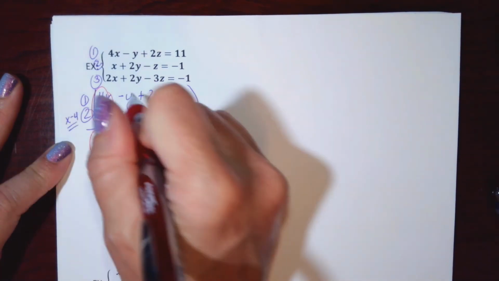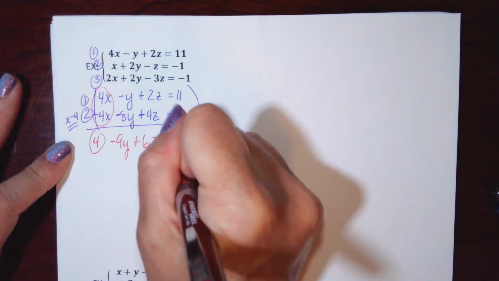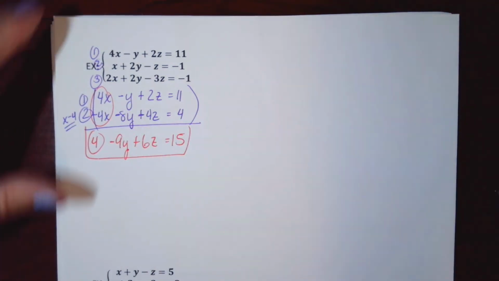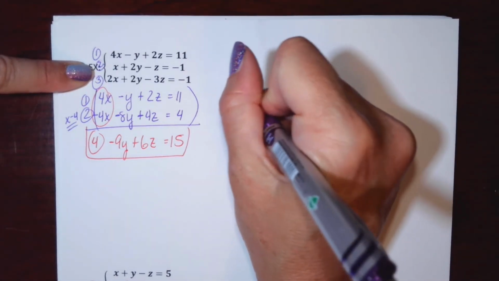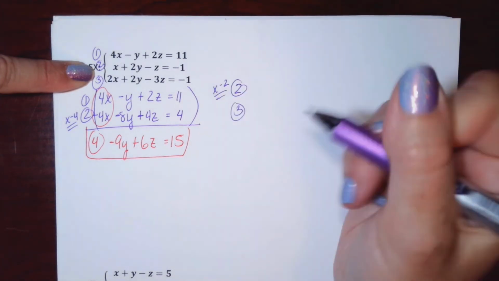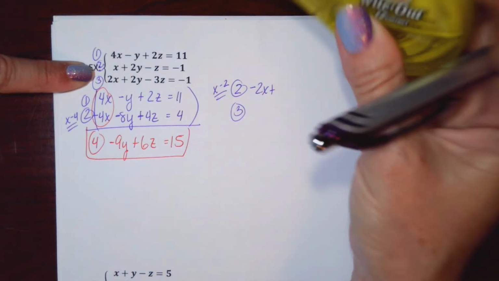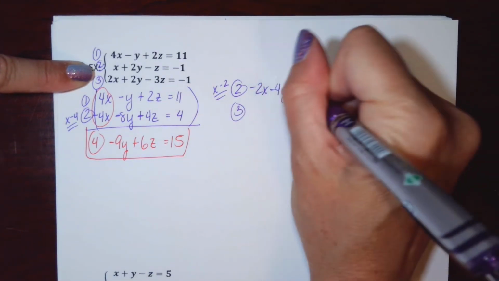My fourth equation is going to be negative 9y plus 6z equals 15. And then if I add equations 2 and 3 and multiply equation 2 by negative 2, and that needs to be minus 2 minus 4y. I get in a hurry and I start missing signs.